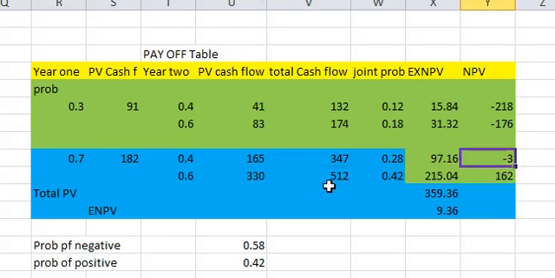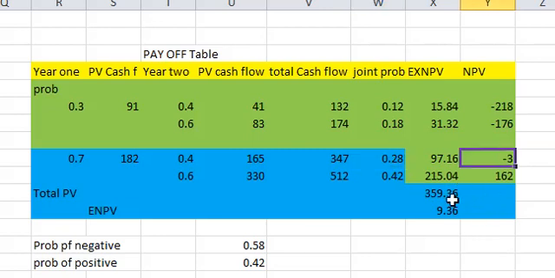We have 512 minus the initial investment of 350, we get this. So you see that for this 0.12, we have a negative. 0.182, we have a negative. 0.28, we have a negative.